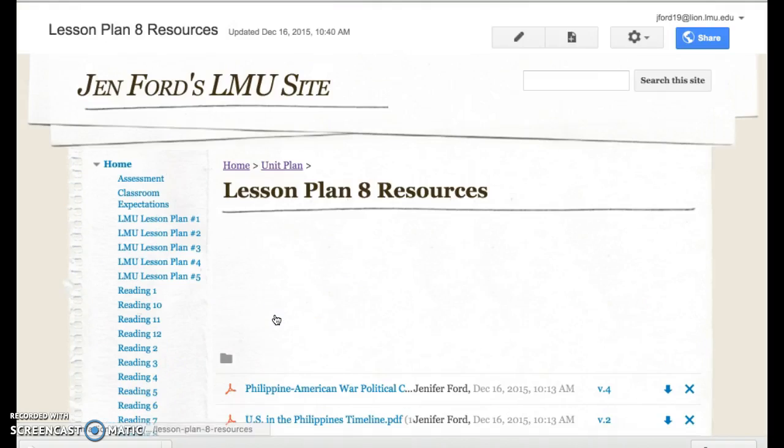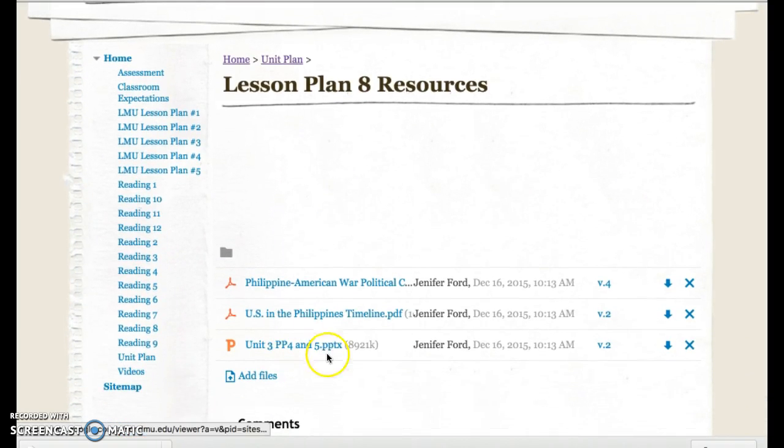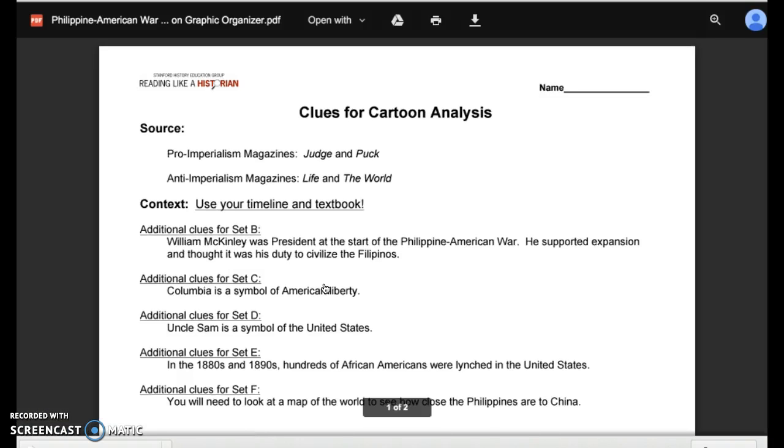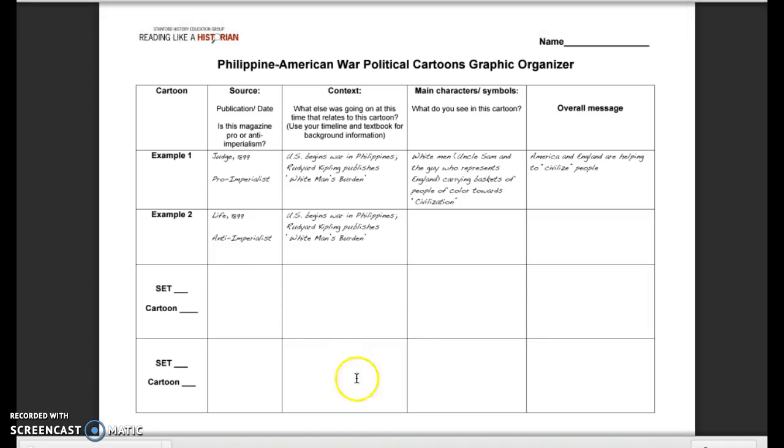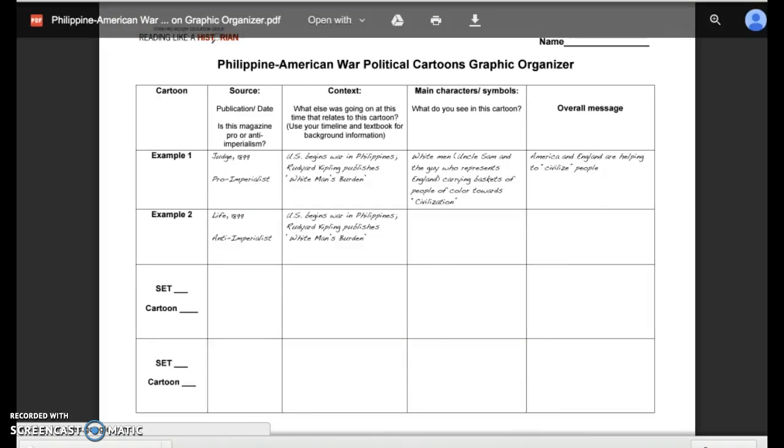We can do lesson 8. Lesson 8 is actually one of my favorites because of the political cartoons. This is the handout that they used to do the source, the context, and what the overall message was from the political cartoons.